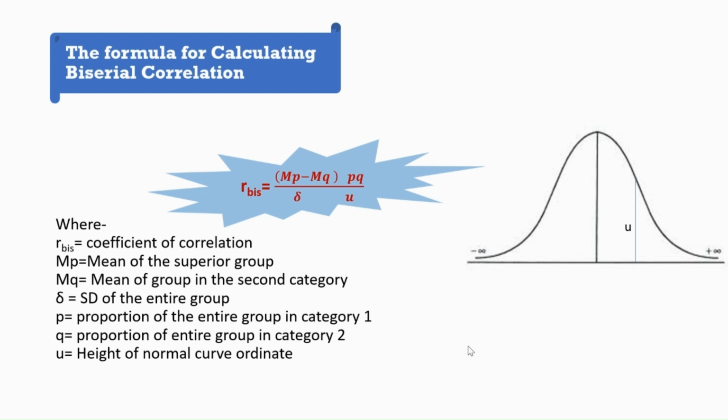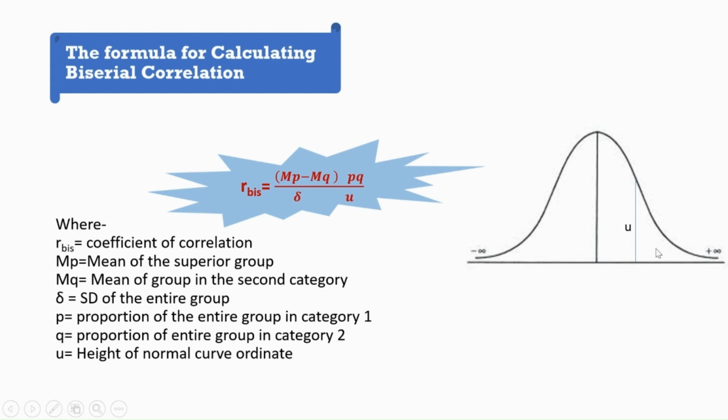At the point where we separate these two groups, the ordinate of the normal probability curve at this separating point is denoted by u. u is the height of the normal curve ordinate, and in this figure we can see that u is the ordinate, and this is its height.